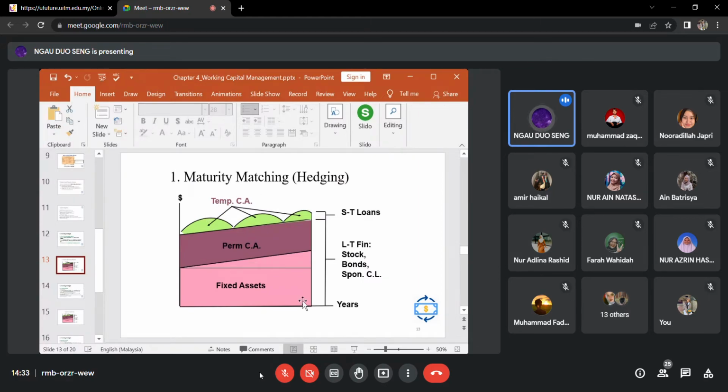So you can see that we match for maturity matching. For long-term financing, we use stock, bond or spontaneous current liabilities. The hill on top here is referring to temporary. Like festive season, Hari Raya, you need money, then when Hari Raya has ended, it will decrease.